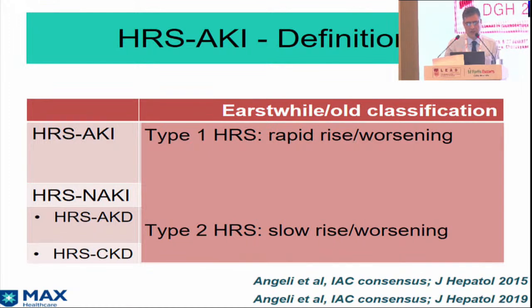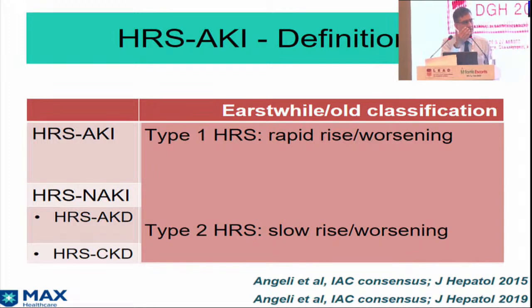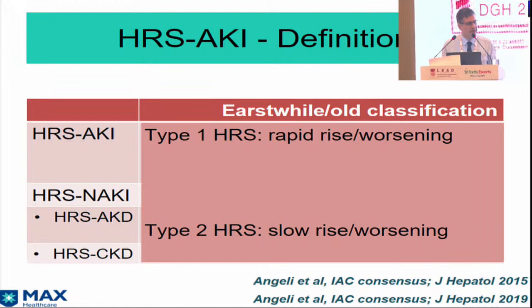So patients who have HRS-AKI have very high mortality, followed by patients who have HRS-AKD, followed by patients who have HRS-CKD. In terms of urgency of management, patients who have AKI require urgent management, including liver transplantation, which has to be done within, say, 2 weeks, ideally. But long-term management, I agree with you, may not be different.